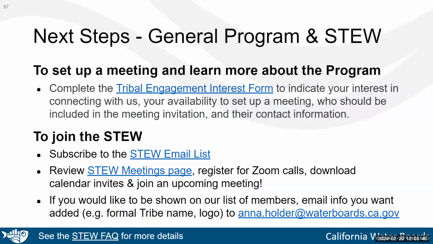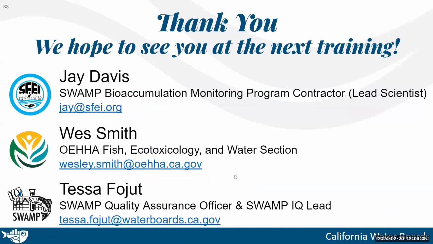All that's asking is who should be on the call, when a good time is, and what you want to talk about, and then I will work to set that up. If you're interested in listening in to the Safe to Eat work group, joining the email list, there are links to that there, as well as our meetings page.